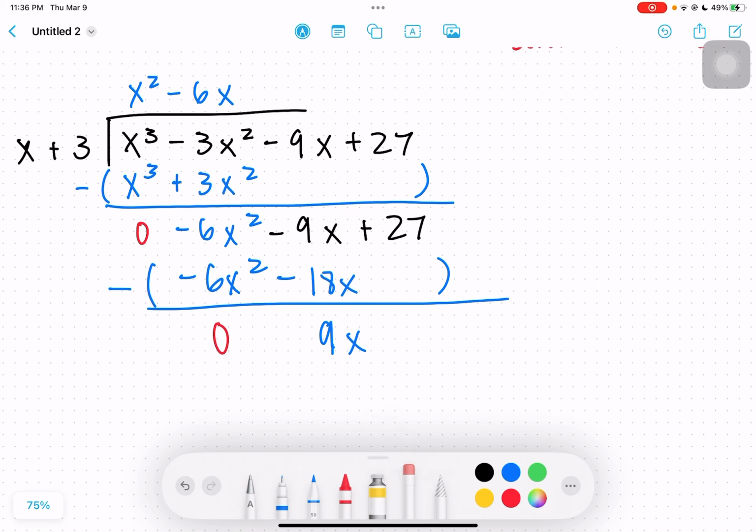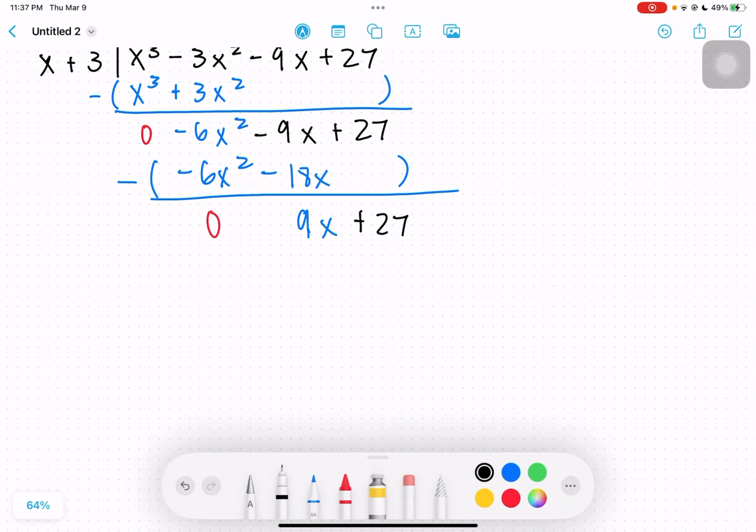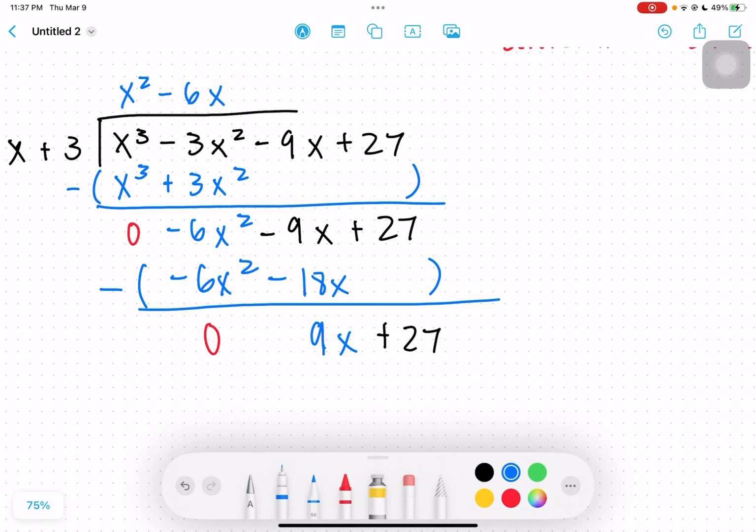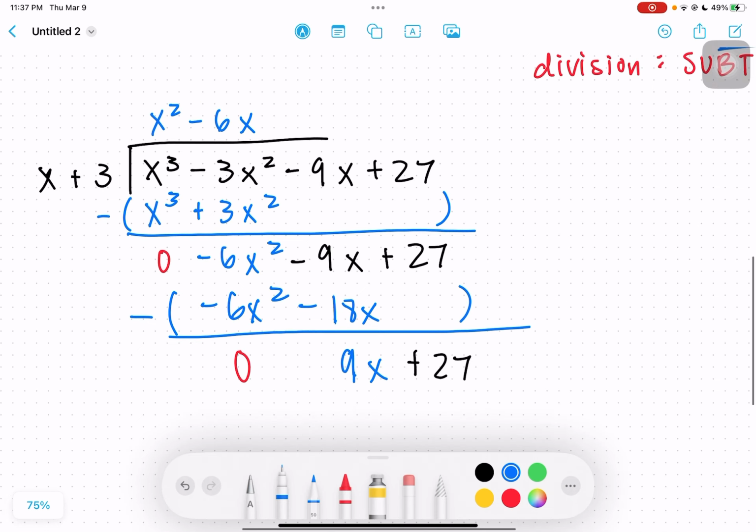Once you have that, you bring your 27 down. And then you basically just do it again and again until nothing is left. So let's do it again. 9x divided by x is just 9.